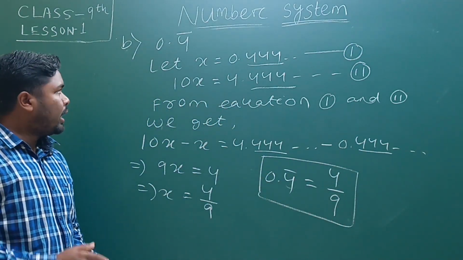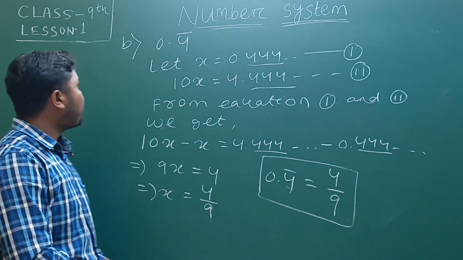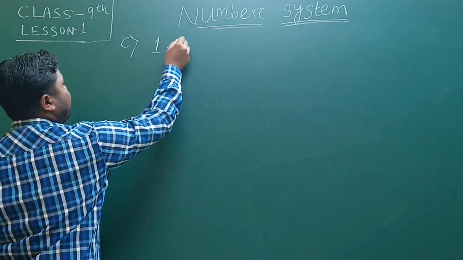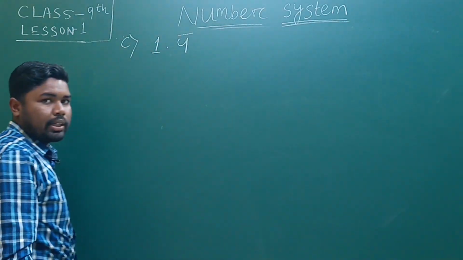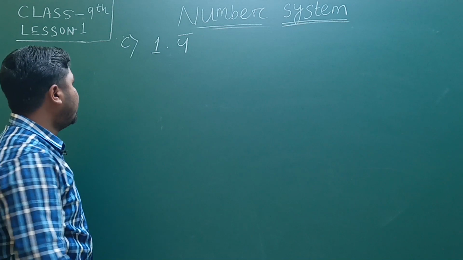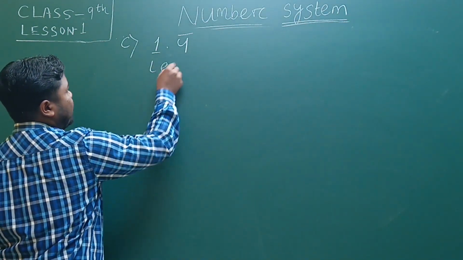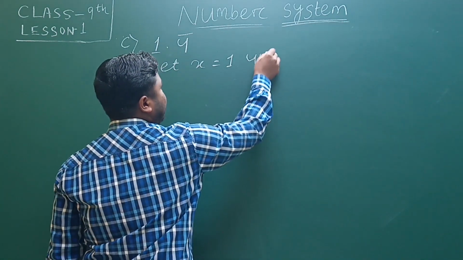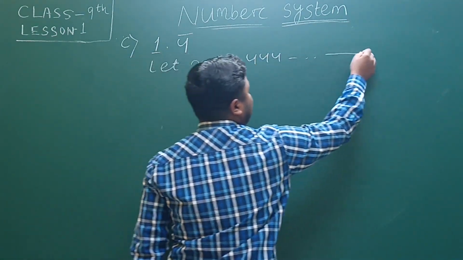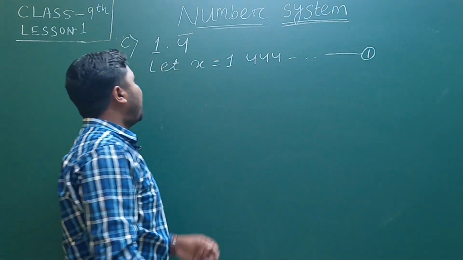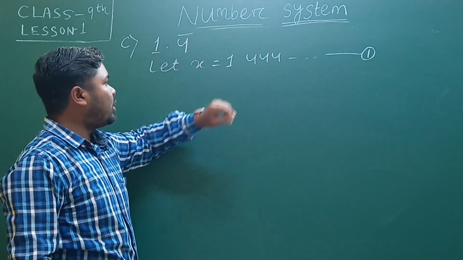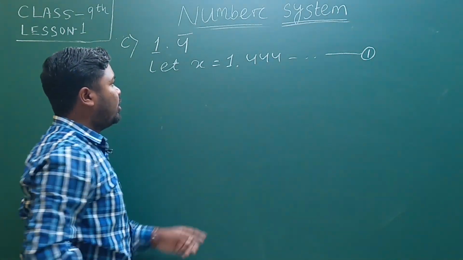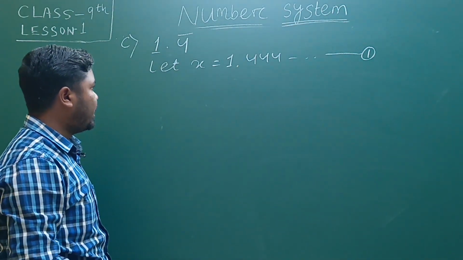So now take another example, 1.4 repeating. How can we solve? Same process, let x equal 1.444, because the bar is over the 4, so 4 is a repeating number, repeated infinitely.